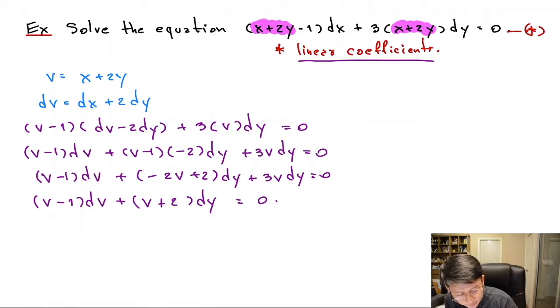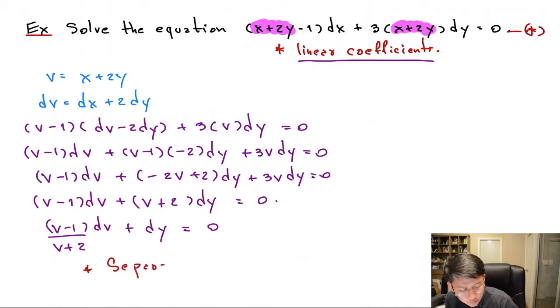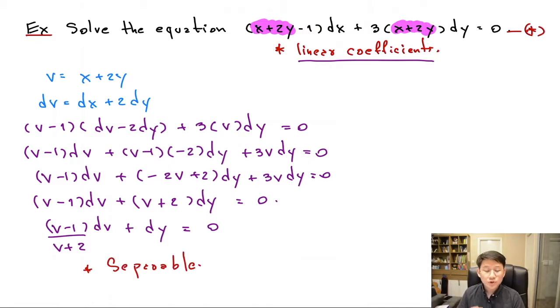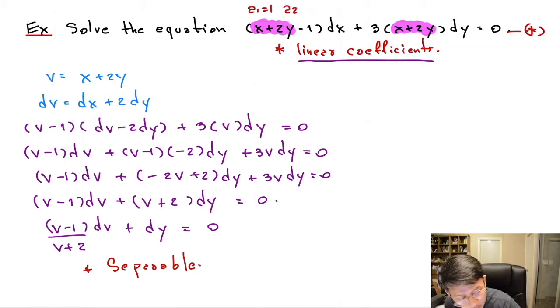So we know that it's (v minus 1) dv divided by (v plus 2) plus dy equals 0, and this is separable. And guys, if you solve this by linear coefficients, you know that a1 is 1, b1 is 2, a2 is 3, and b2 is 6.